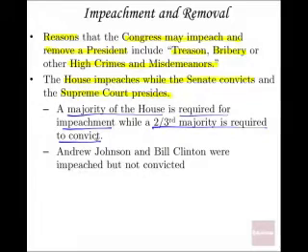You have occasional congressmen that broach the subject, but generally you don't have that unless it's for a serious offense. Now again, as I mentioned before, Andrew Johnson and Bill Clinton were impeached but not convicted.